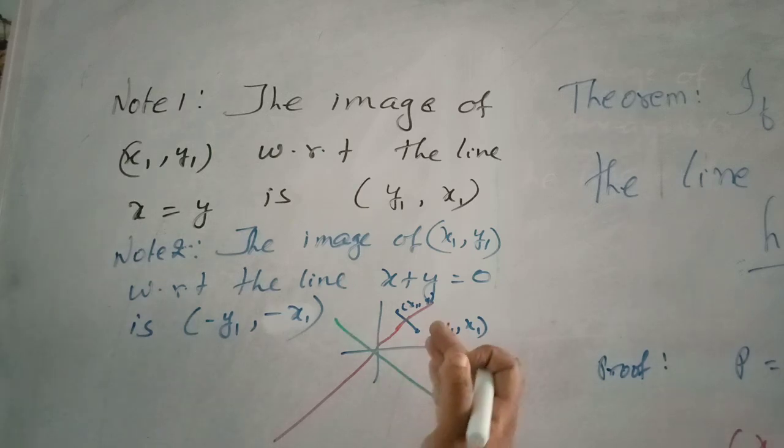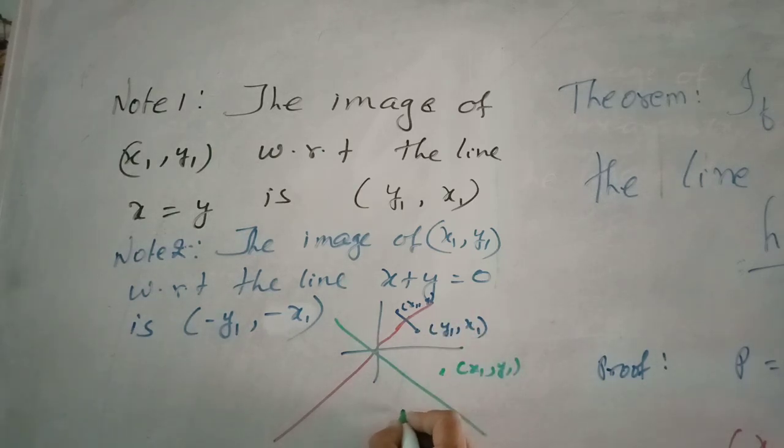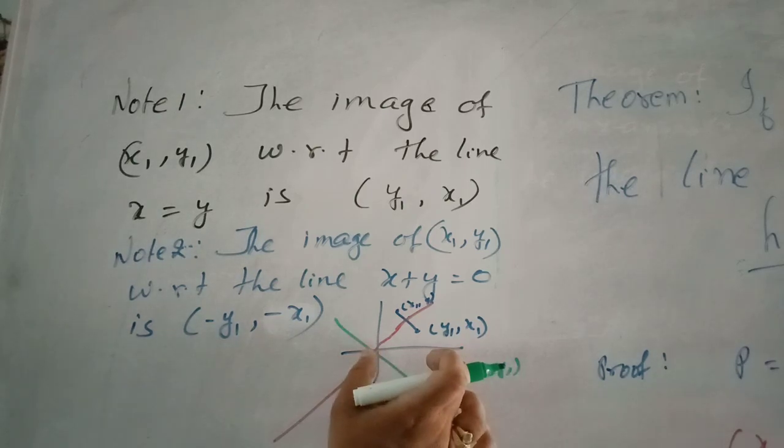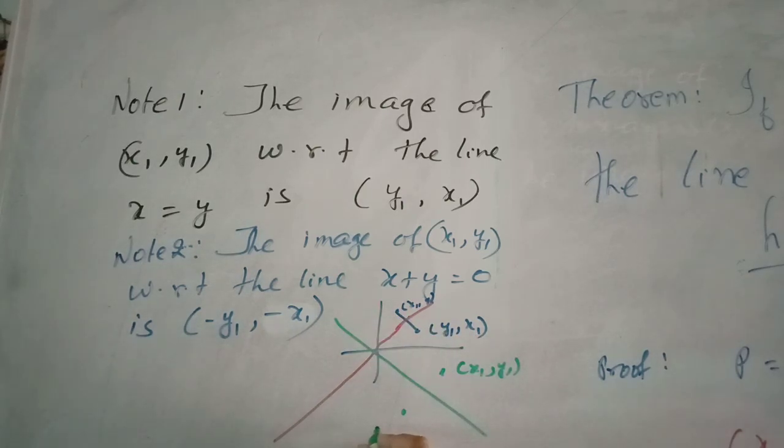So according to this, the image will be just opposite. This becomes y1 and this is x1, and just the sign changes: minus y1 and minus x1.